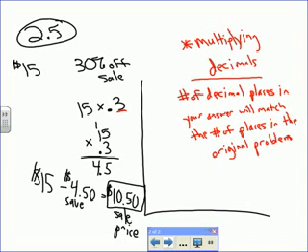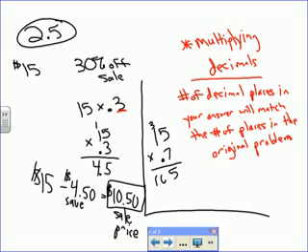Yes. Good, Brian. 100% would be the whole thing, you just pay the original price. It was a 30% off sale, so there's 70% left that you have to pay for. We'll talk about this more later in the year too, but a quick shortcut is you can just take 15 times 0.7, for 70%, because you're actually paying for 70%.